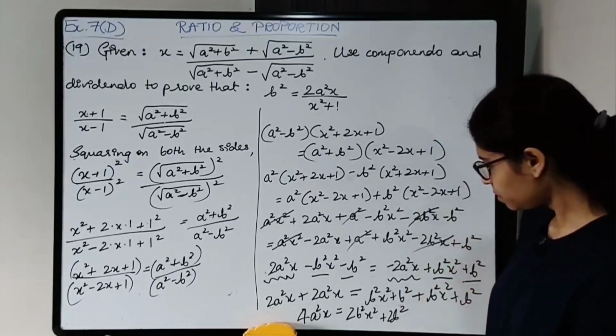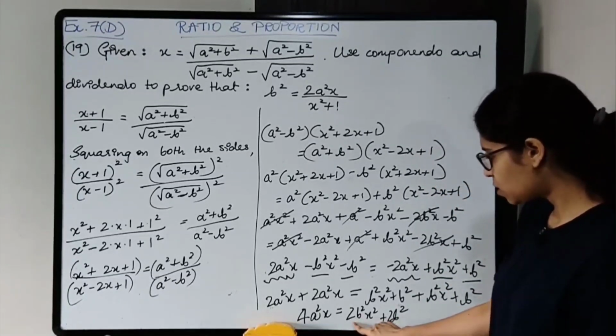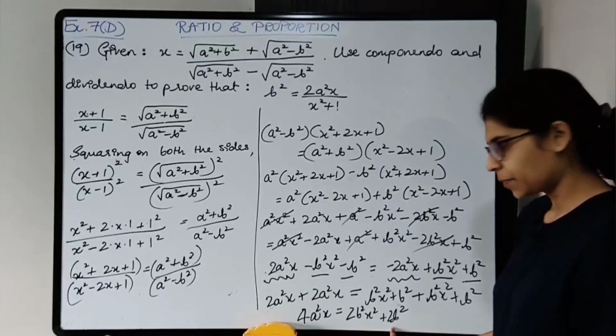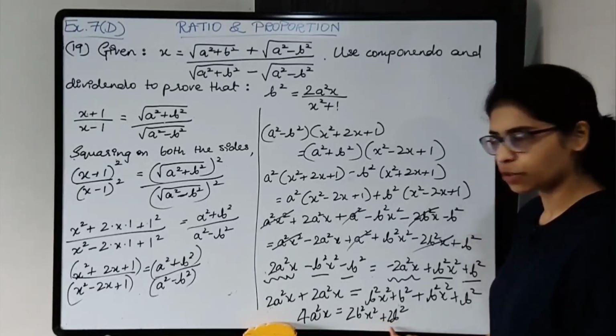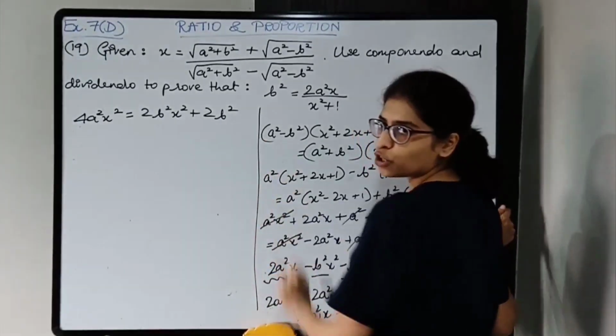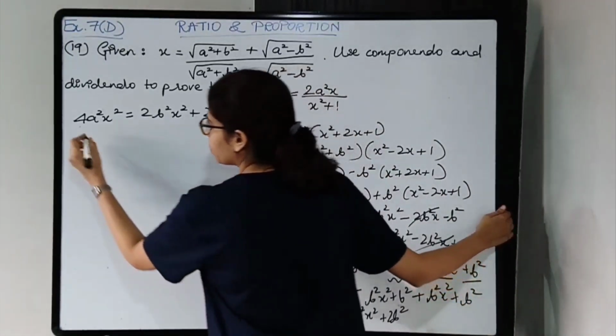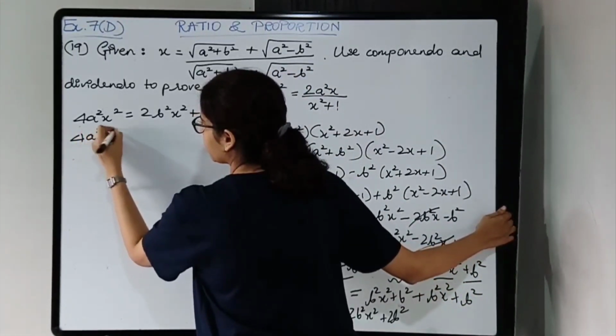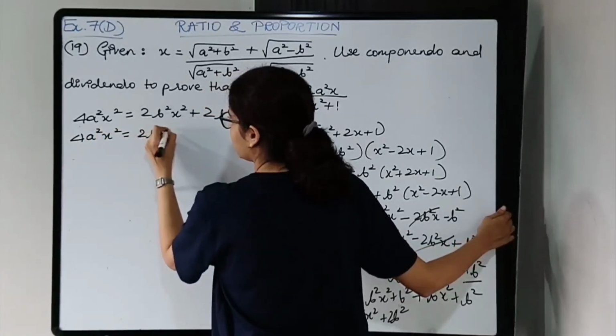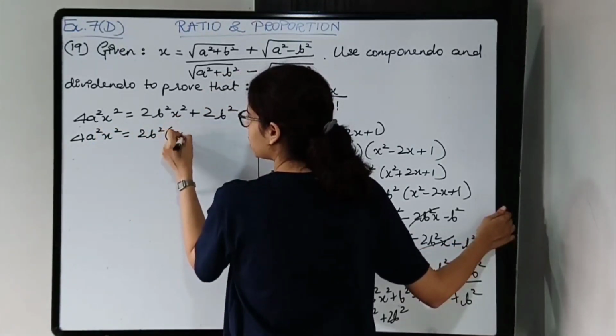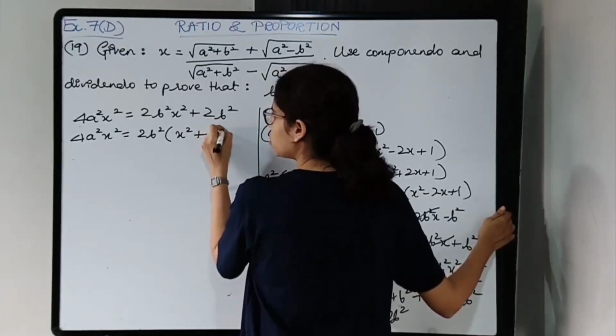Now I can take b square and 2 common. So let's take b square and 2 common from this. So this is what we have. Now we will take 2b square common. And in bracket we are left with 1x square and here nothing, so 1.